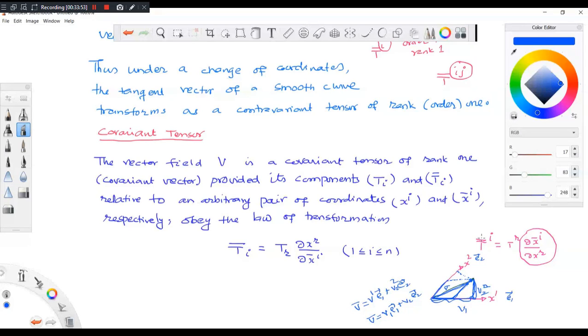From one coordinate system, how will you go to the other coordinate system? That you did not study up to now. So in the rectangular Cartesian coordinate system, covariant vector and contravariant vector are the same. There is no distinction. In general coordinate systems, these things will change.